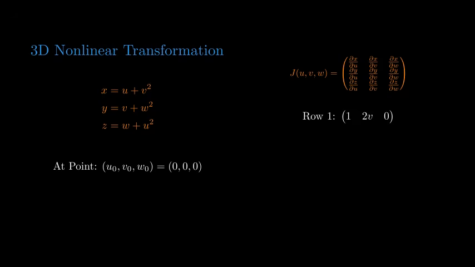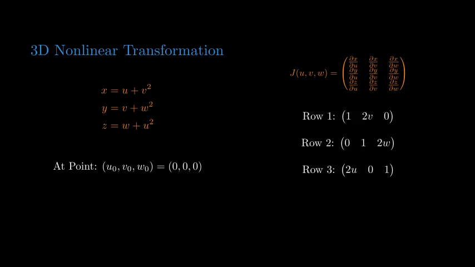For the first output x, the partial derivatives with respect to u, v, and w are 1, 2 times v, and 0. For the second output y, the partial derivatives with respect to u, v, and w are 0, 1, and 2 times w. For z, the partial derivatives with respect to u, v, and w are 2 times u, 0, and 1.